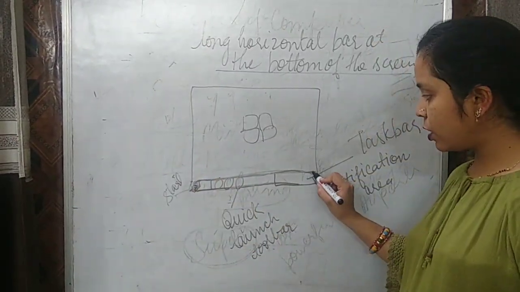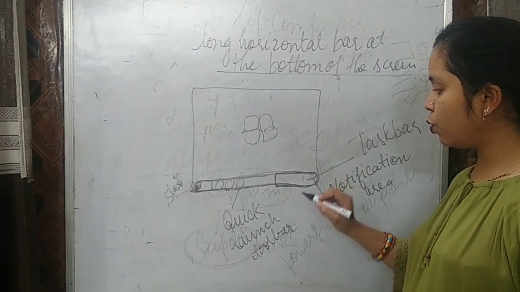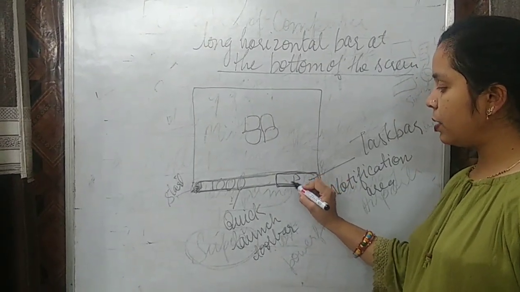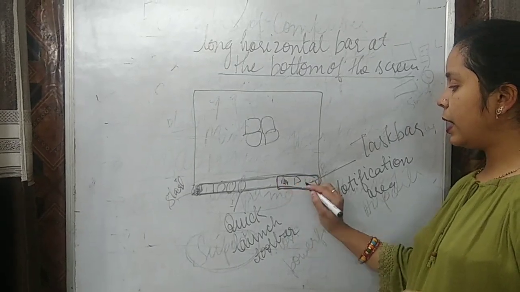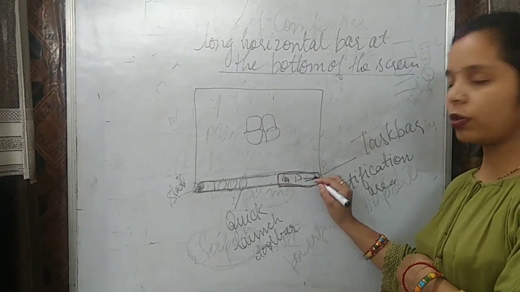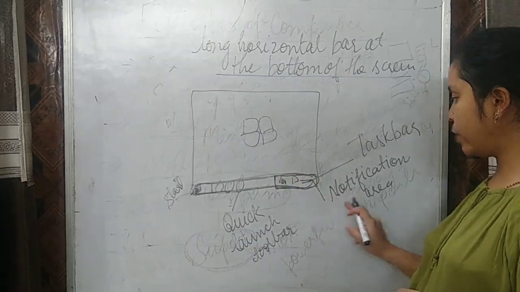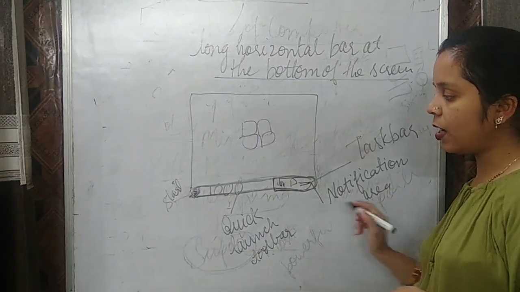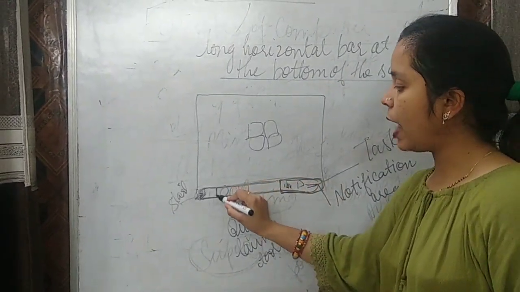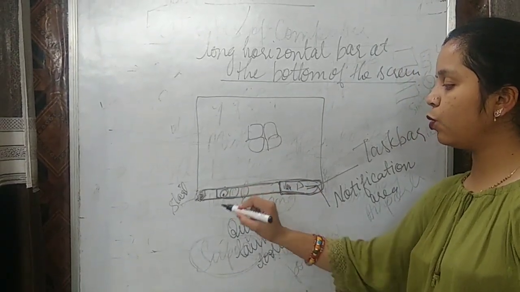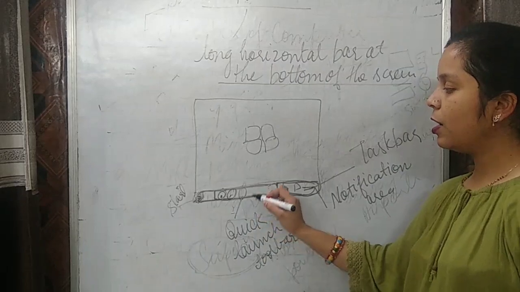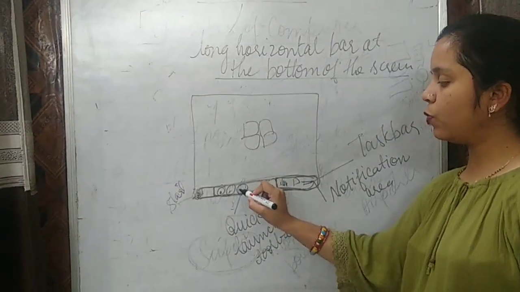It has a notification area. You might have seen on the notification area the battery symbol, the network symbol, and the date and time written here. So this part of the taskbar is known as the notification area. And here icons of different programs are there. You might have seen sometimes Internet Explorer is here, Google Chrome is here, or you have opened MS Word, it is here.